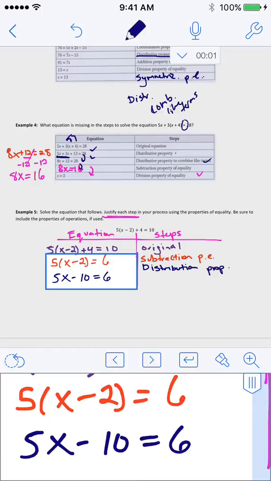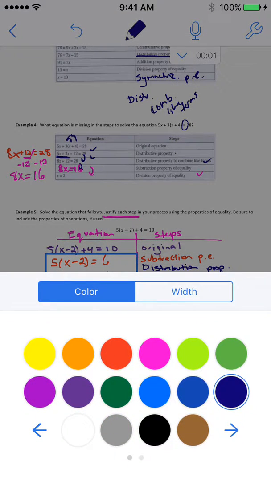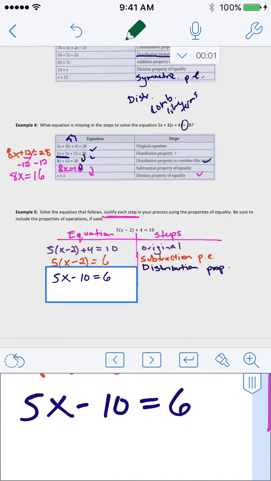Distribution property says I have to actually distribute it out. Another choice I could have had, I could have divided by the 5, right? That would have been fine. I could divide by the 5 and I'd be done. I would use division property of equality. So notice it's got multiple ways to do this problem, and that's okay. Regardless, we should arrive at the same answer.